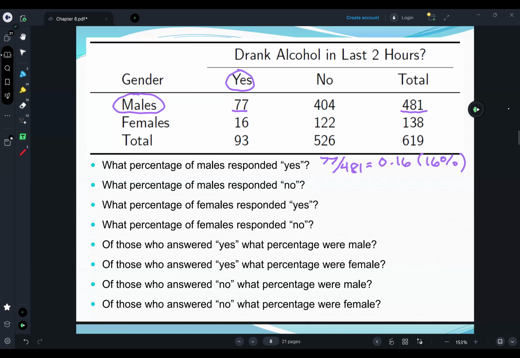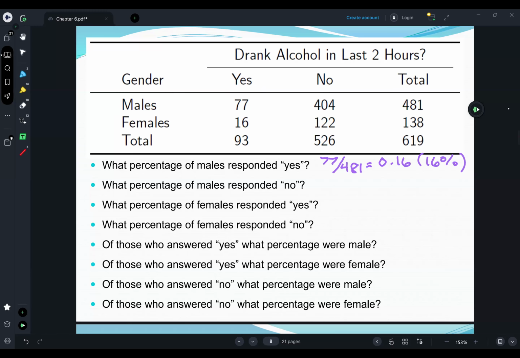Sometimes these two-way tables do not give the totals. You have to just add them up, add the row totals and the column totals, and then you have the totals. Sometimes they're given in the question, sometimes not. Okay, so the next question is, what percentage of males responded no?